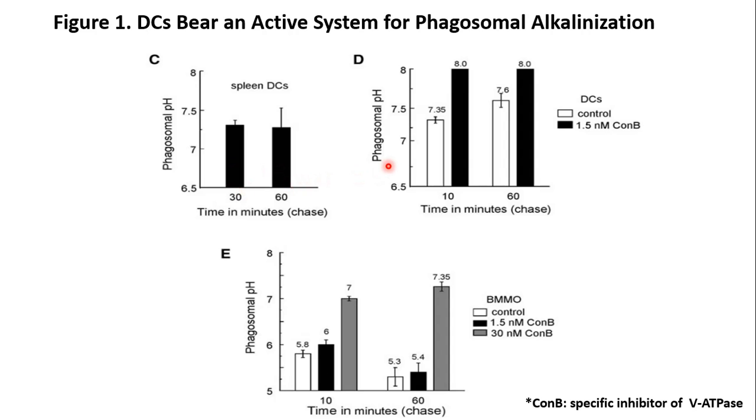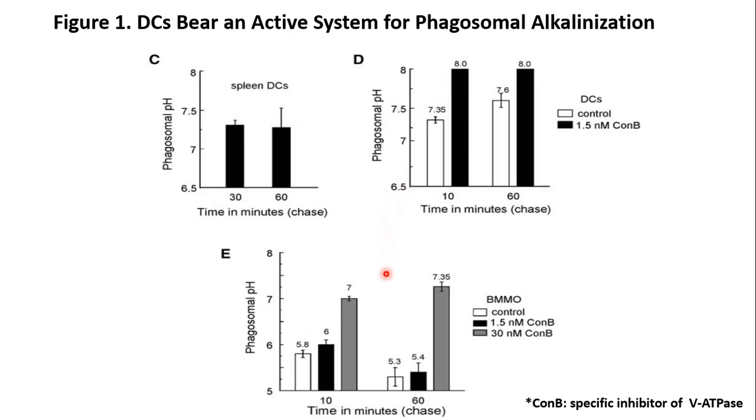And when they treated DCs with this inhibitor of V-ATPases, and they inhibit the V-ATPases, the pH of DCs goes a lot higher, to the limits of the measuring system used.